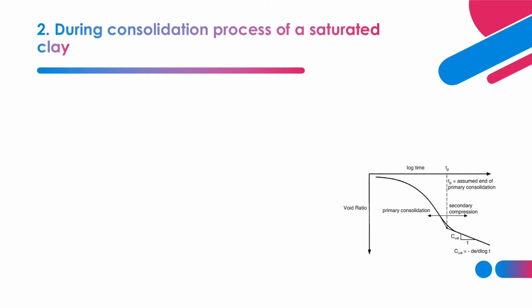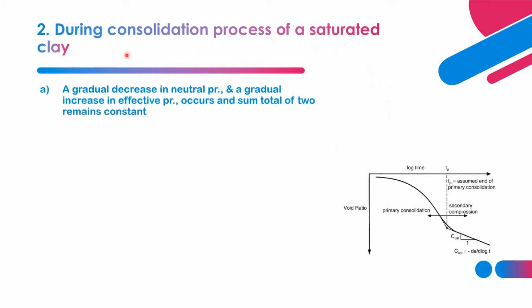During consolidation process of a saturated clay, what happens? Option A, a gradual decrease in neutral pressure and a gradual increase in effective pressure occurs, and sum total of two remains constant. What is neutral pressure? It is nothing but the pore pressure. So a gradual decrease in neutral pressure and increase in effective pressure, so that sum total of the two, that is total stress, remains constant.